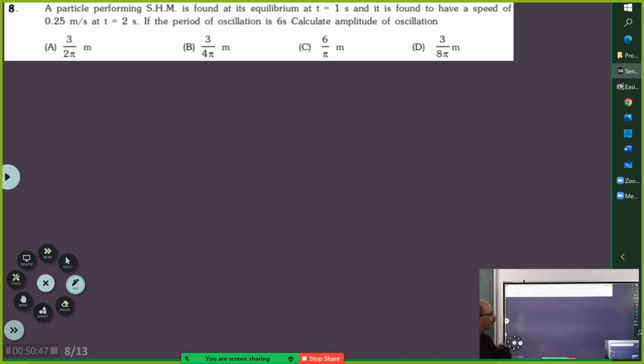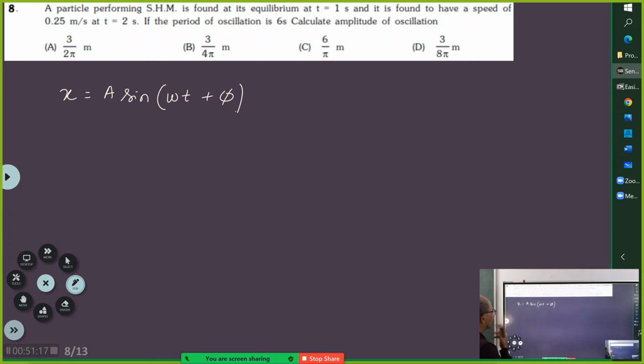Well, you have no other choice, just write the first starting equation. Then everything will come automatically. Write this expression and now use the conditions. It is found to be at equilibrium at t equals 1.